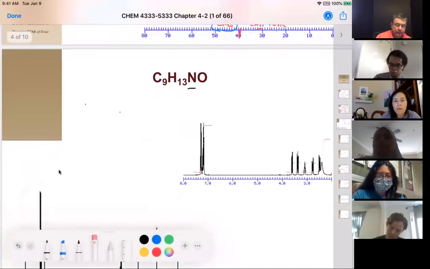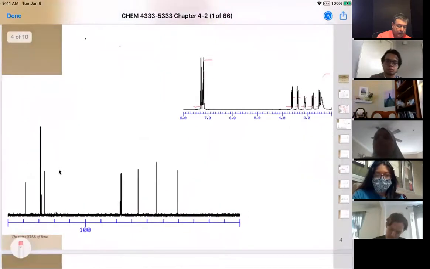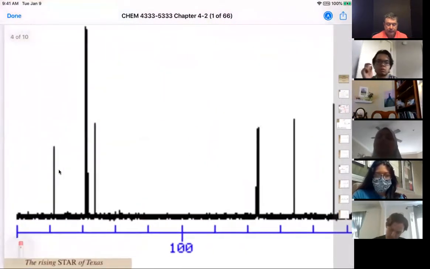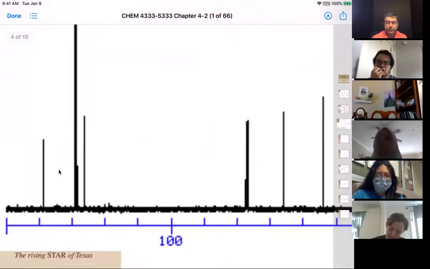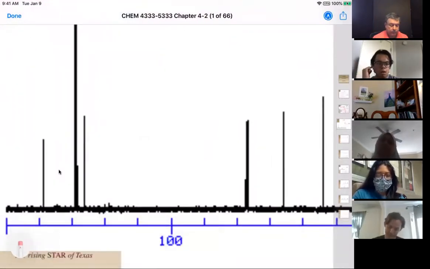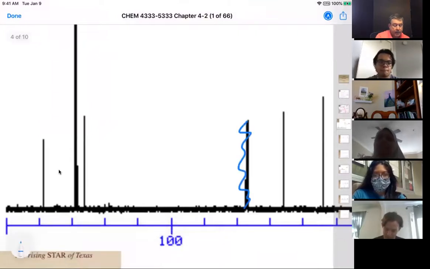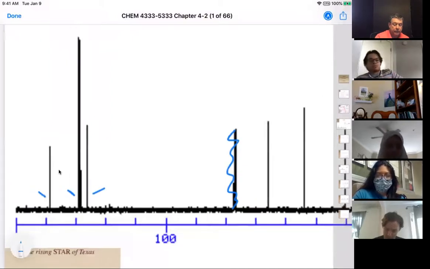Actually, let's look at the carbon real quick and see if that's still supported. We have something around 77. Oh, that's chloroform, so we don't have to worry about that. It looks like we have at least 3 types of carbon.